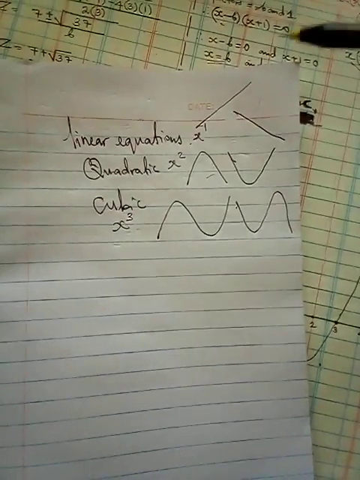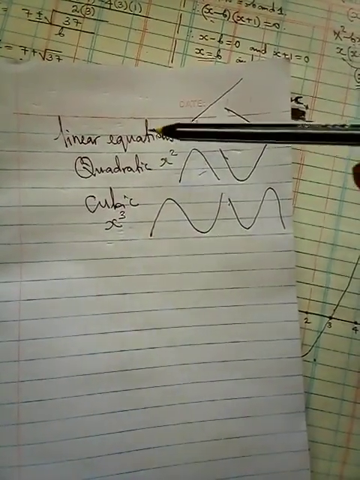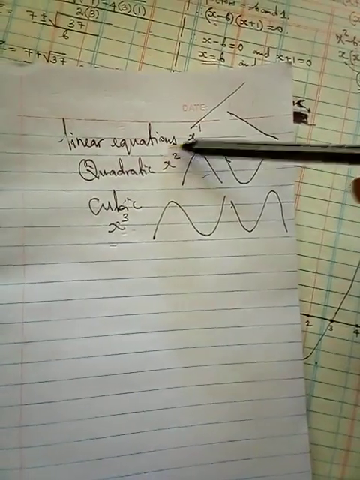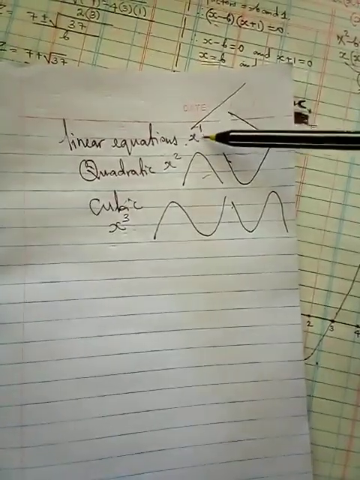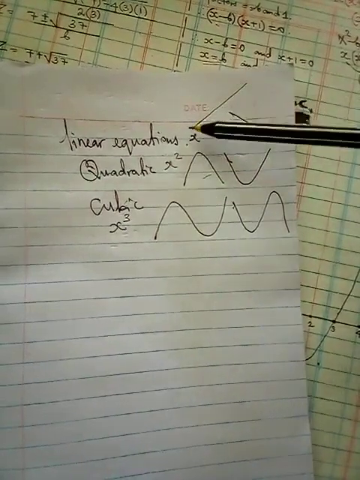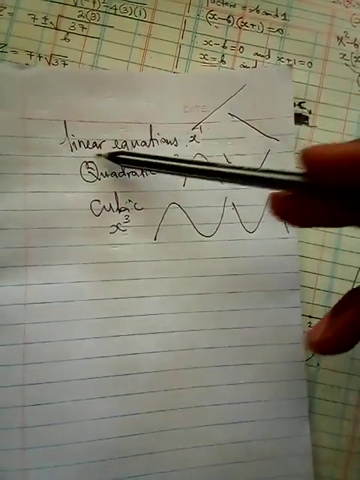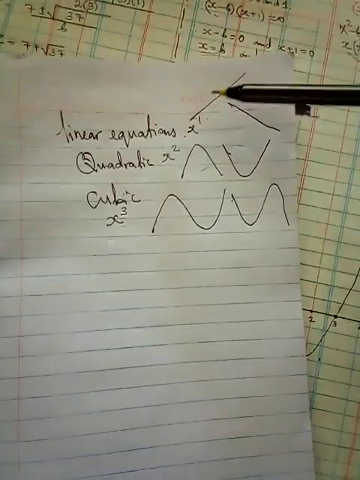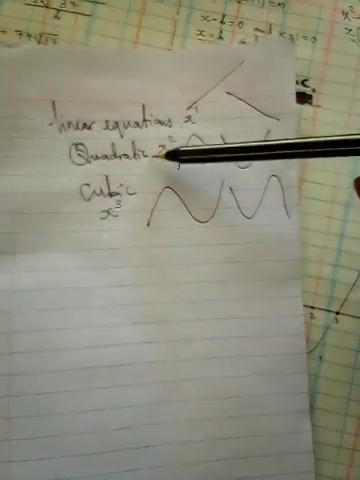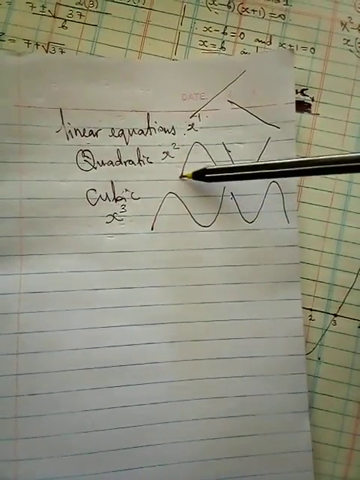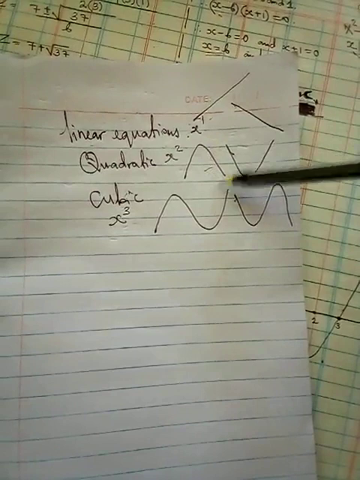So this is how we can differentiate between linear, quadratic, and cubic functions. Linear equations have the highest power of x being equal to 1, and when plotted, they are just in the form of lines, hence the name linear. But quadratic equations have the highest power of x as 2, and they come out in the shape of a parabola.